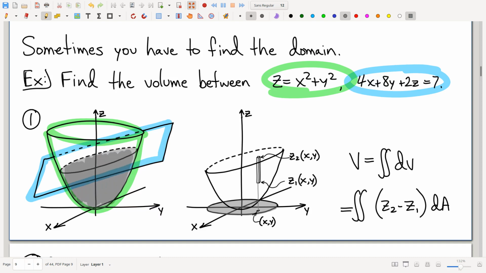That's what's between these two surfaces. How am I going to find that volume? Again, notice the picture is essential. You really need the picture to be able to see what this thing is that I'm looking at.